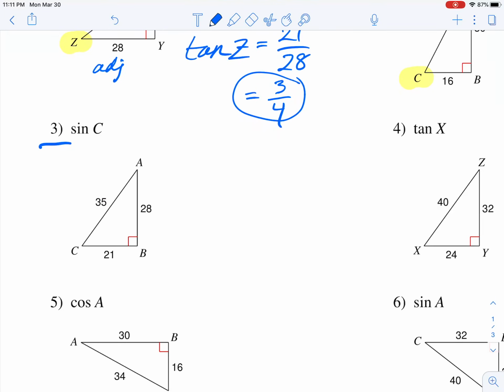Let's move on. This asks us to find the sine of C. Very convenient that they're using the exact same angle position for all of these. Now, remember, the sine is equal to the opposite side length over the hypotenuse.